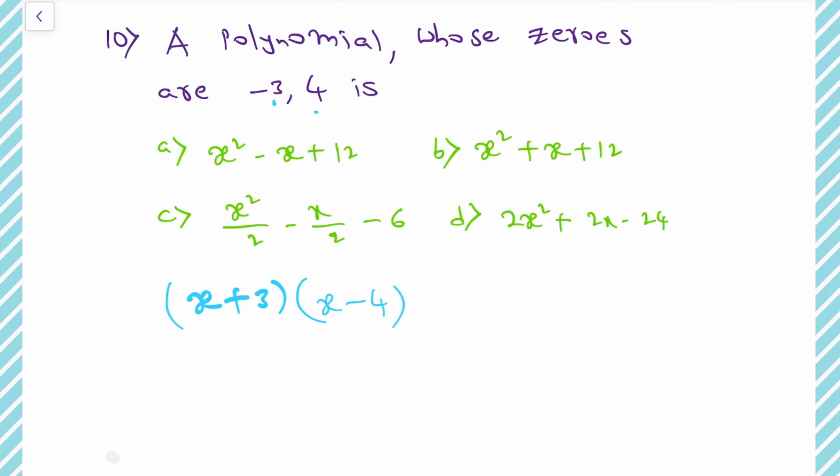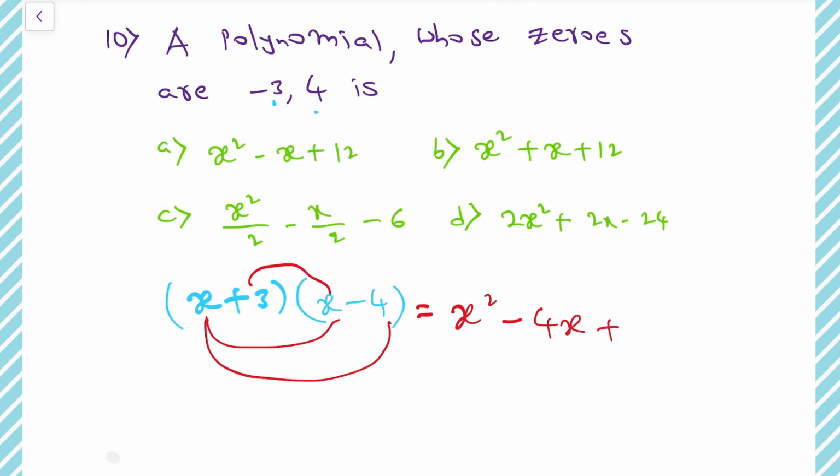If we multiply these two, we will get our answer. x into x, x square, x into minus 4, minus 4x, 3 into x, 3x, 3 into minus 4, minus 12. So our answer will be x square minus 4x plus 3x minus 12. So x square minus x minus 12 is the final answer.